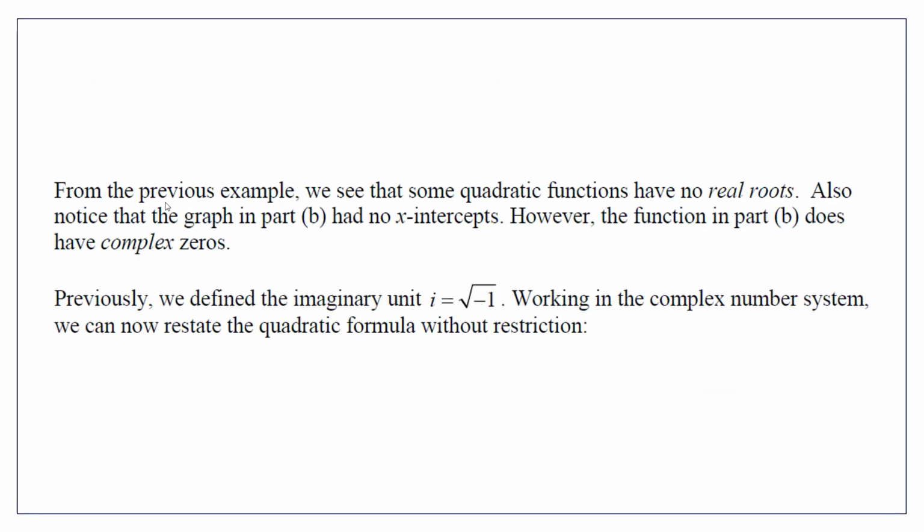So from the previous example, we see that some quadratic functions have no real roots, and roots are just another way of saying zeros. Also notice that the graph in part B had no x-intercepts. However, the function in part B does have complex zeros. Previously, we've defined the imaginary unit i equals the square root of negative 1. Working in the complex number system, we can now restate the quadratic formula without restriction.